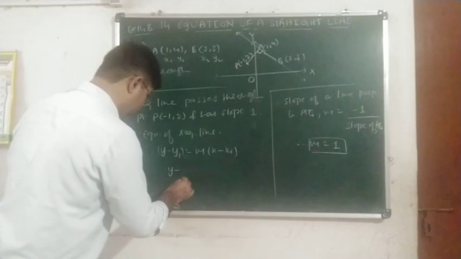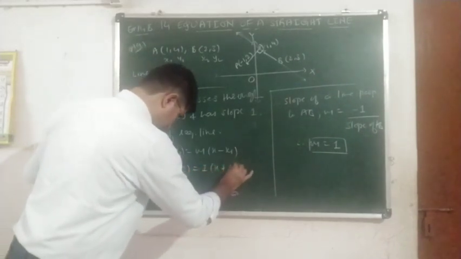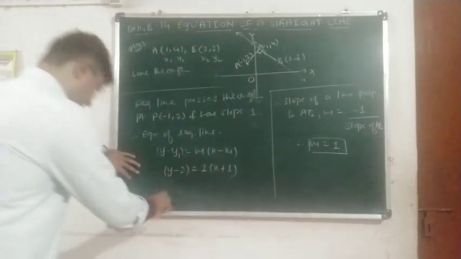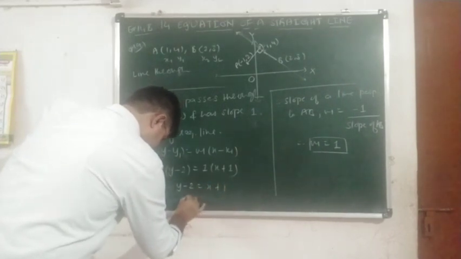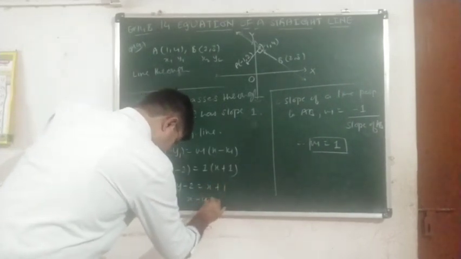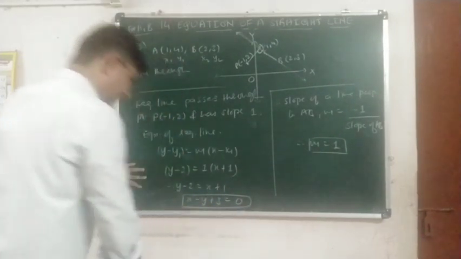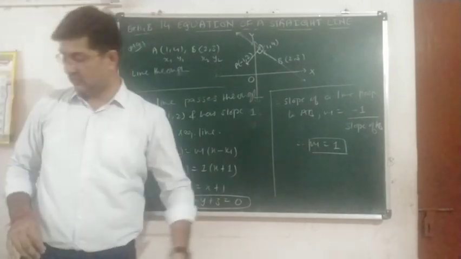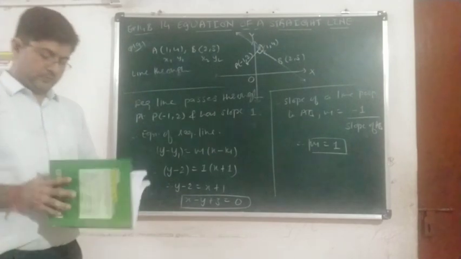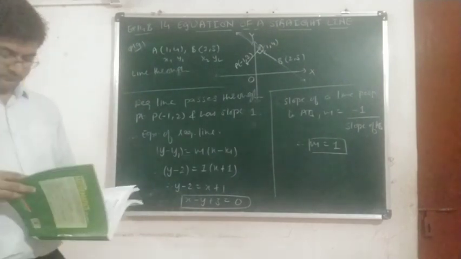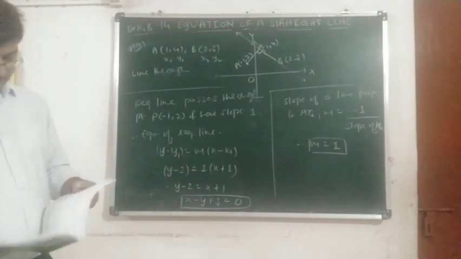Therefore y minus 2 is equal to minus minus plus 1, and therefore y minus 2 is equal to x plus 1, or x minus y plus 3 equals 0. So this is the equation of the required line, or this is our answer. Clear? So question number 19, x minus y plus 3 equals 0.